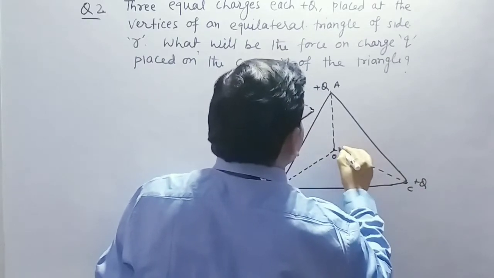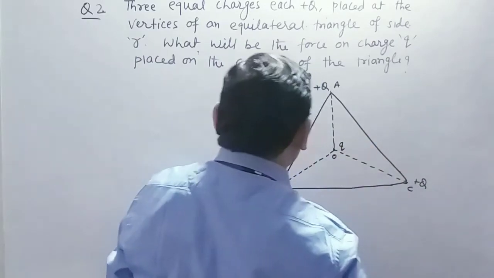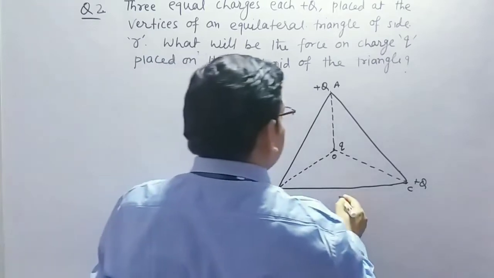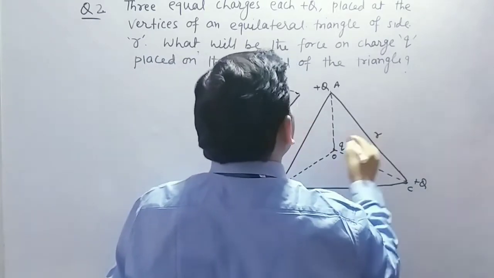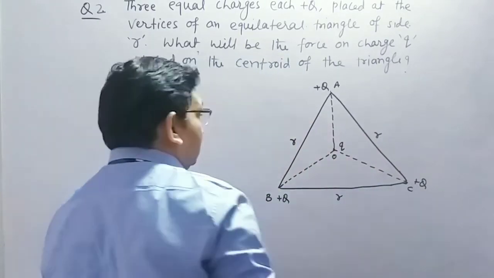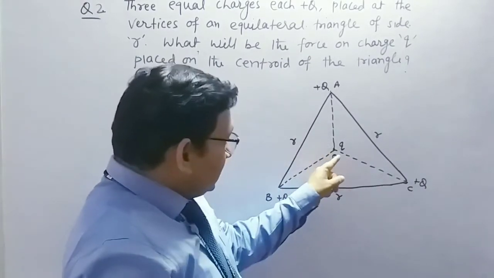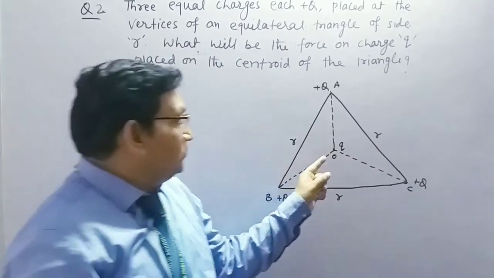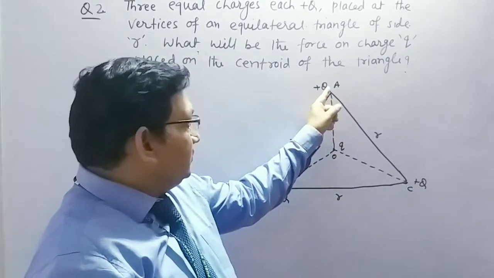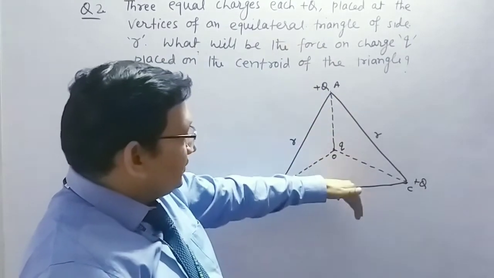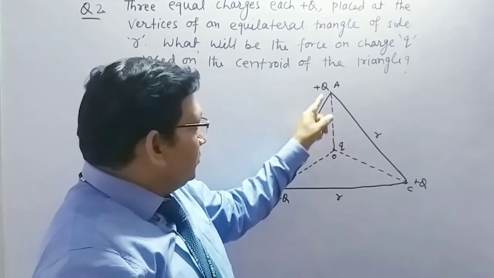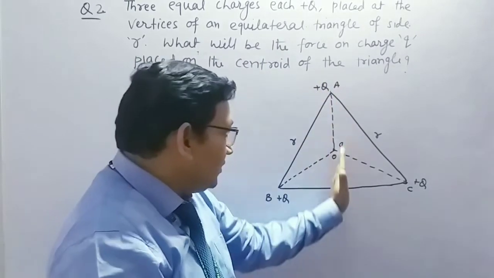So charge small q at O, and again take all the distances as R. So now the force acting on charge q due to this charge is exerted in the downward direction. So the direction of force due to the charge plus Q at A is the downward direction.